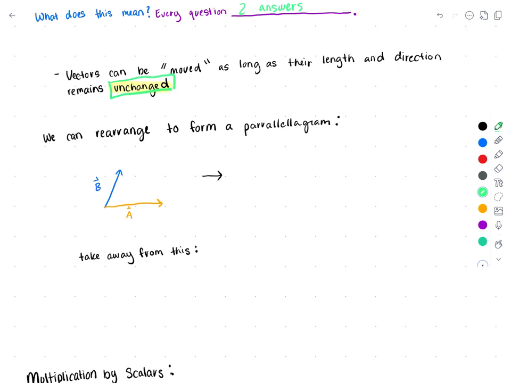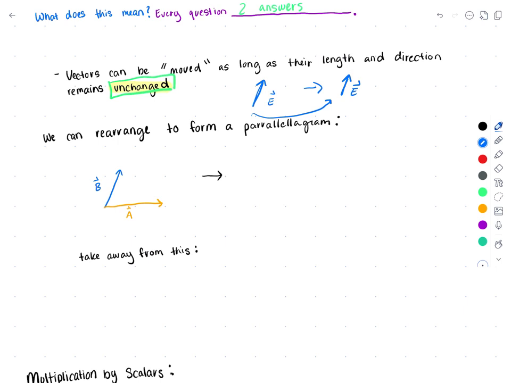I can take a vector that looks like this, let's call it vector E, and move it from here over to here. As long as vector E remains unchanged in length and direction, I can move it all over my coordinate grid.